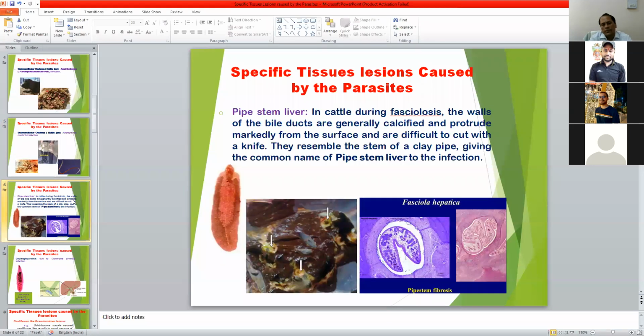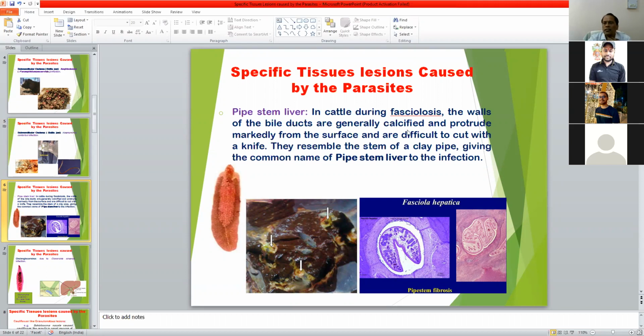Then another tissue lesion caused by a parasite is pipe stem liver. This also occurs during fasciola infection; the fasciola adult fluke is found in the bile duct. This is the fasciola, leaf shaped, and immature fasciola are found in the liver. During migration they cause mechanical damage to the liver, then go to the bile duct, their final location.